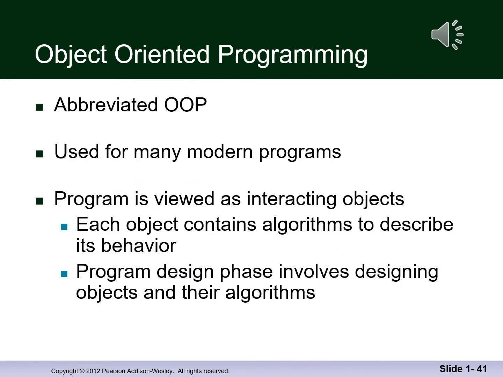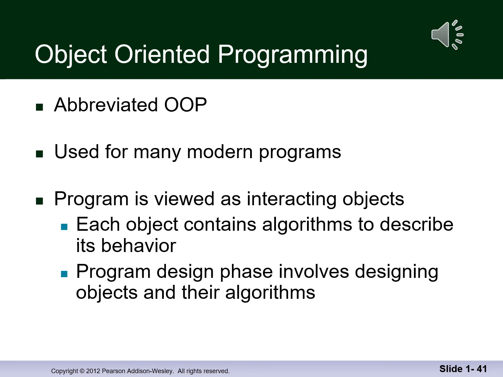This is the first of many times that you'll hear the term object-oriented programming. Object-oriented programming has been around since I believe the mid or late 1980s. I was first introduced to object-oriented programming in the early 90s. It's abbreviated OOP.